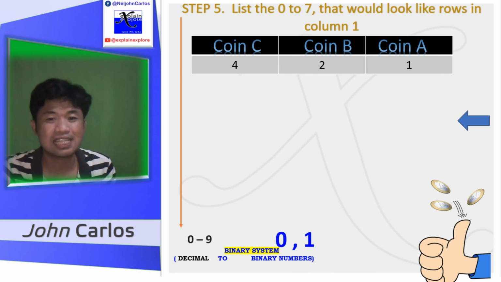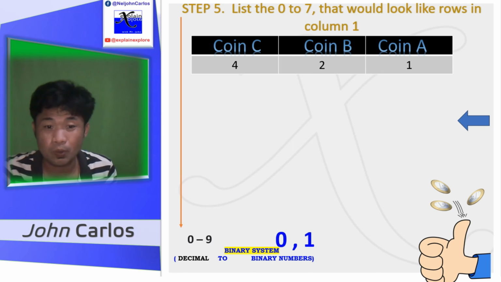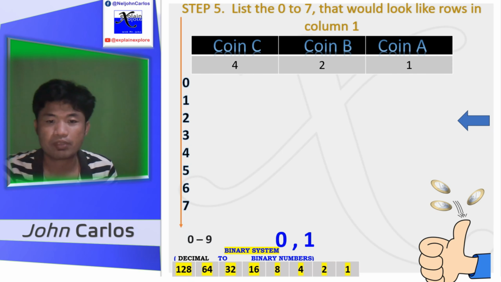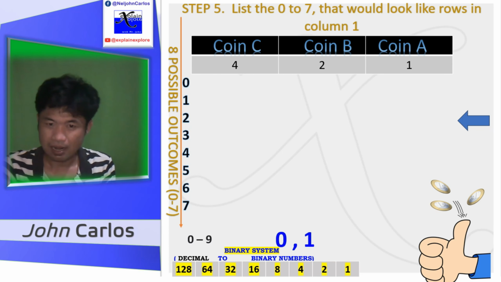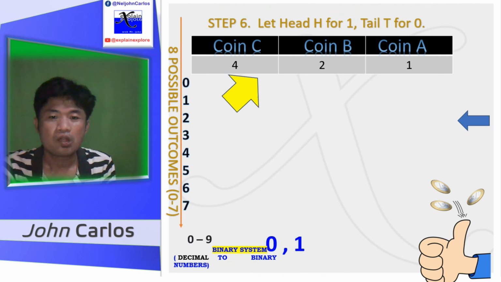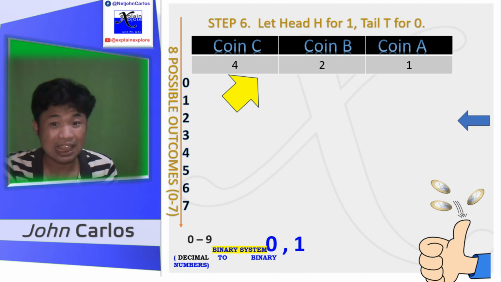We now list the possible outcomes, the total starting from 0 to 7, 8 possible outcomes, to the left. This time we will not use H and T, so we let 1 be H and 0 be T. So we'll use 0 and 1.